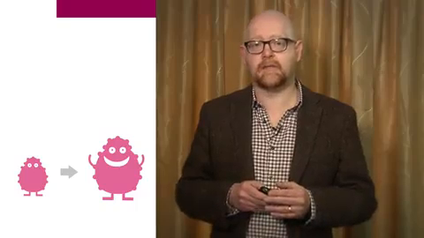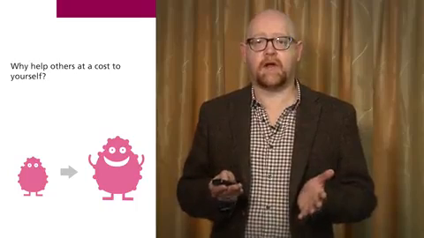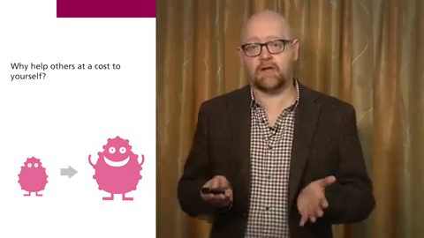However, despite the multitude of cooperative behaviours seen in the natural world, explaining cooperative behaviours such as altruism has been a significant challenge for evolutionary biologists. The problem arises because altruistic behaviours reduce the fitness of the actor. The question then becomes, why help others at a cost to yourself?